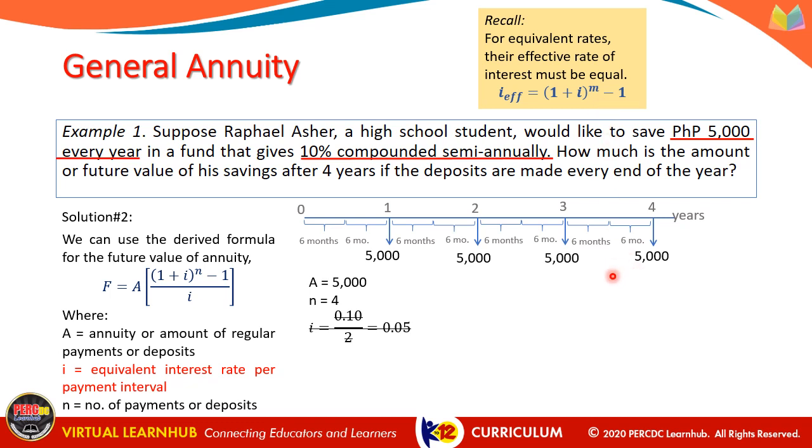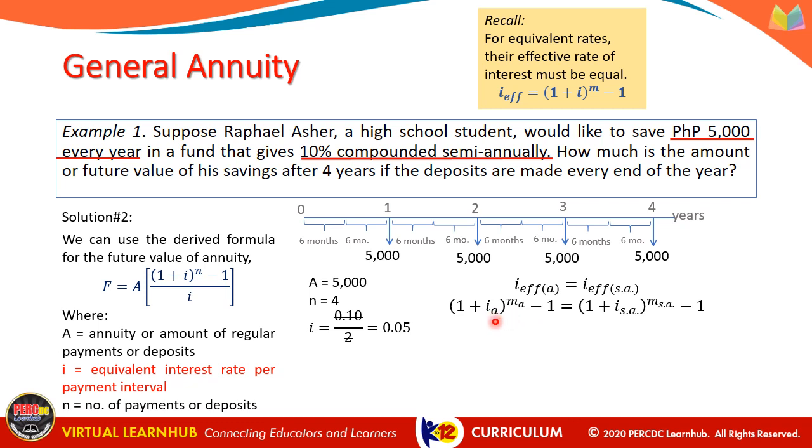Now, we just have to equate the effective rate of interest annually to the effective rate of interest semi-annually. Substituting the formula, we have on the left side, 1 plus i raised to m, minus 1.